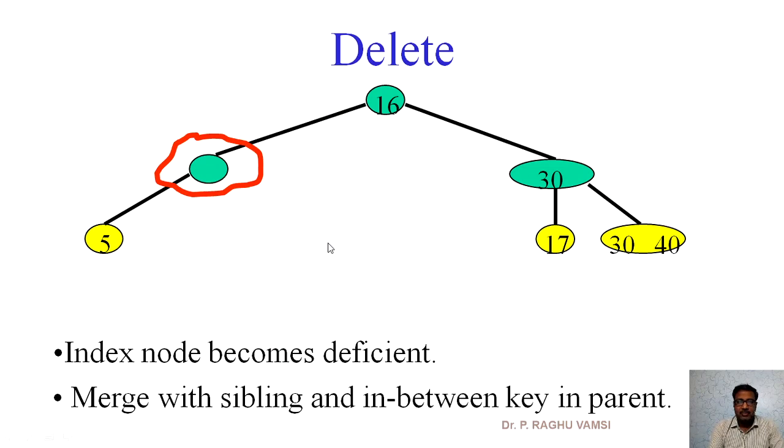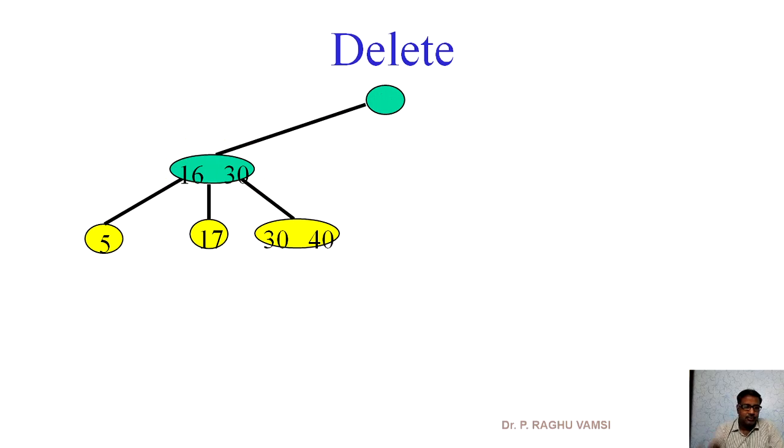So in the previous adjustment, what happened? The 16, 30, 17, 30, 40, which is at the right hand side. Now this 30 is merged with 16. So 16, 30 has come and it should be merged with the left side. So whenever it is merged with the left side, then this root will become empty. Whenever the root becomes empty, there is no significance of this particular root being empty.